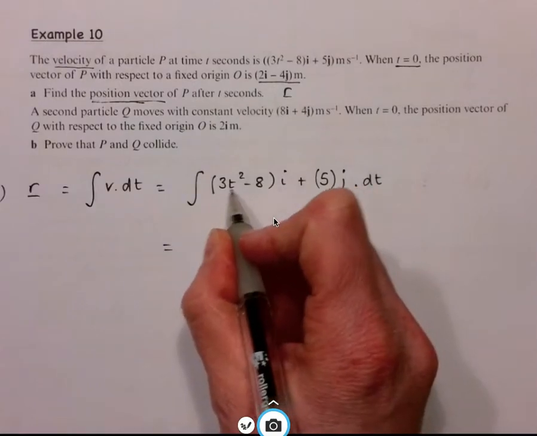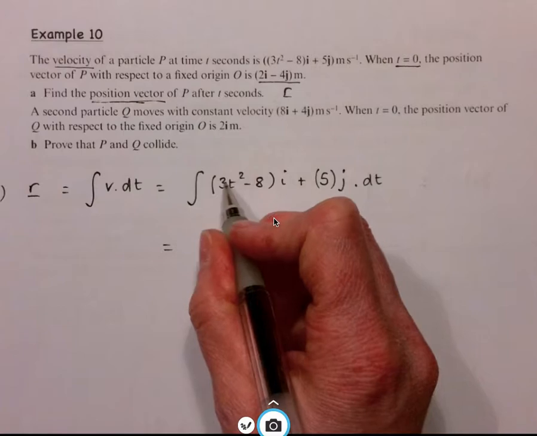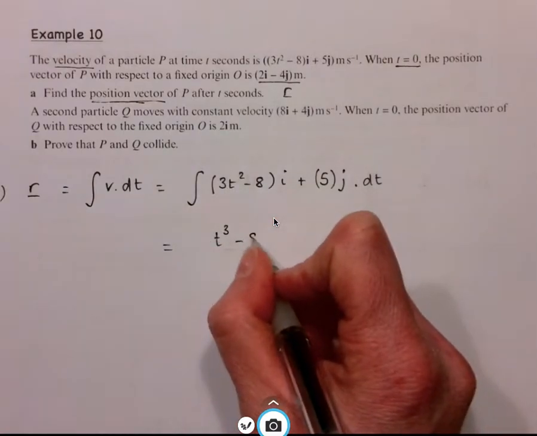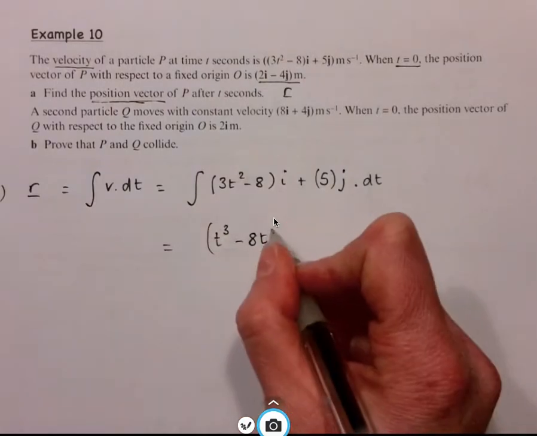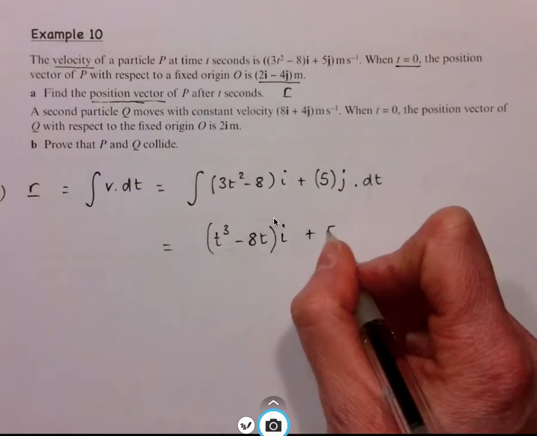So if we integrate 3t² − 8, t² becomes t³, and when we divide by the power, 3 divided by 3 cancels, and 8 will become 8t. So we get (t³ − 8t)i plus, it's just 5, so it's 5tj.